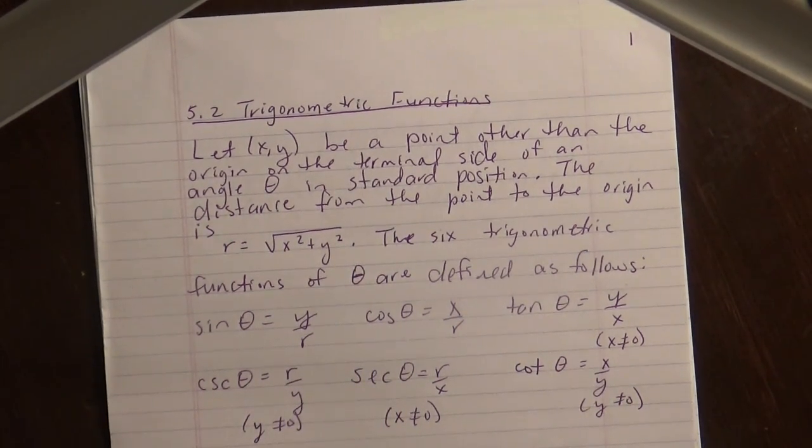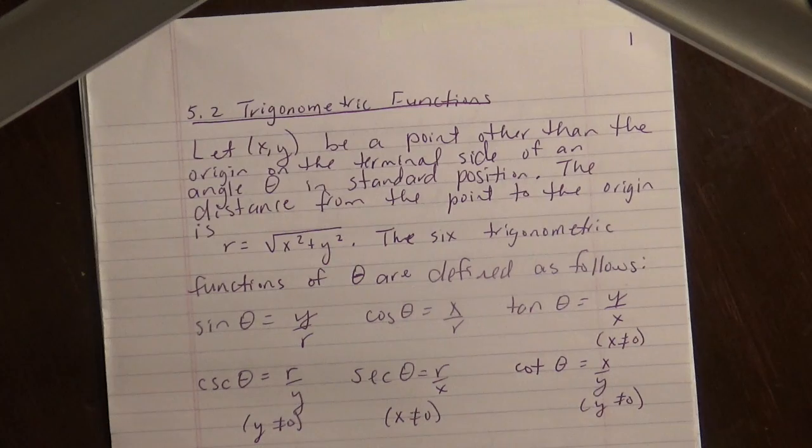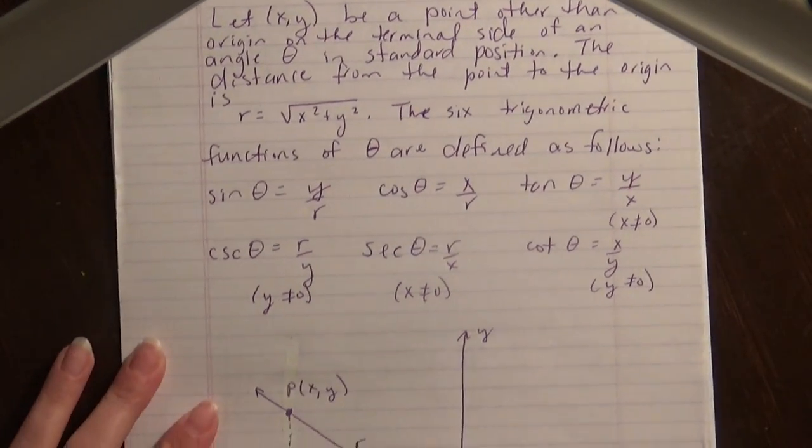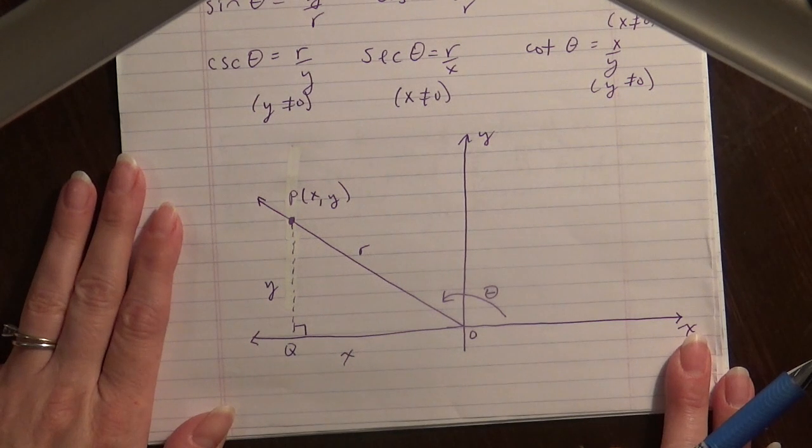The distance from the point to the origin is r equal to the square root of x squared plus y squared. I've got an illustration at the bottom of the page. Again, I apologize that my camera's not wanting to focus, but you can look at your notes and get the same information.